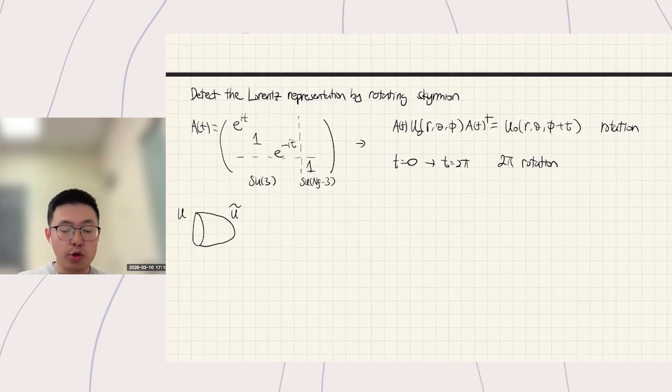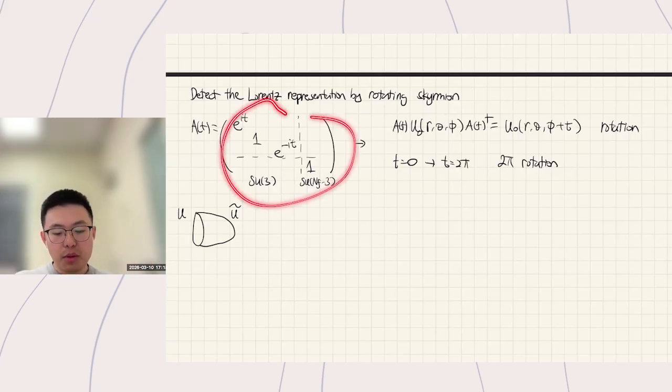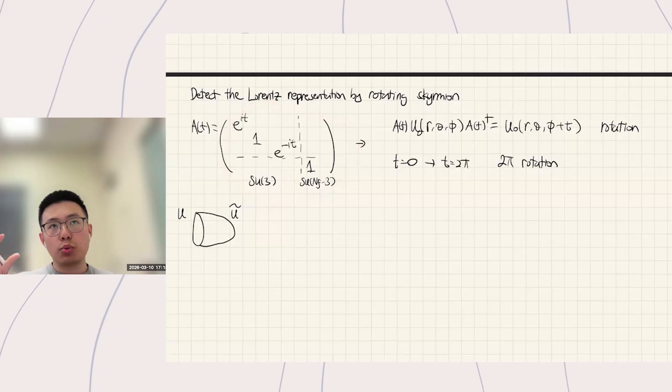The way we can rotate the skyrmion is very simple. We just apply an SU(NF) transformation to the static skyrmion configuration of this type, and it will rotate the skyrmion by some angle controlled by this t. If we start with t equal to 0 and increase t to 2 pi, this will generate the 2 pi rotation.